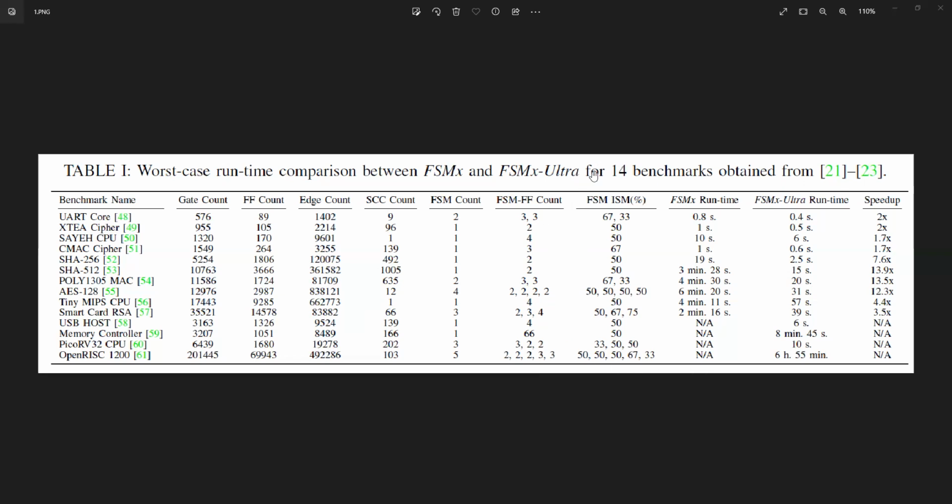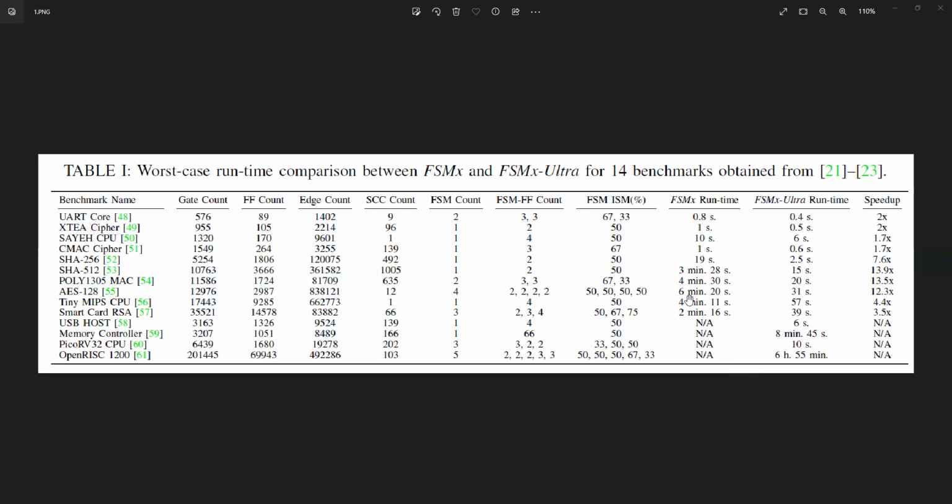And here I have presented the FSM input similarity metric in percentage. You can find details in our paper. And this is the FSMx runtime and FSMx-Ultra runtime, and finally the speedup. In many of the cases where FSMx took around minutes, with FSMx-Ultra you can analyze them within seconds, just within a minute.